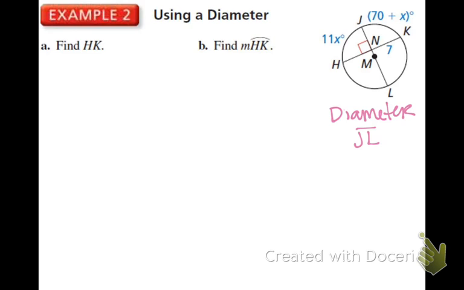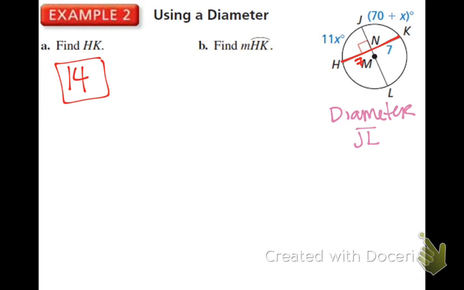That means that the chord, which is HK, is cut directly in half. So if NK is 7, what is HN? 7. So it asks me to find HK. There is no line above it. This means find the length of the line HK. So what is the measure of HK? 14, because 7 and 7 make 14.